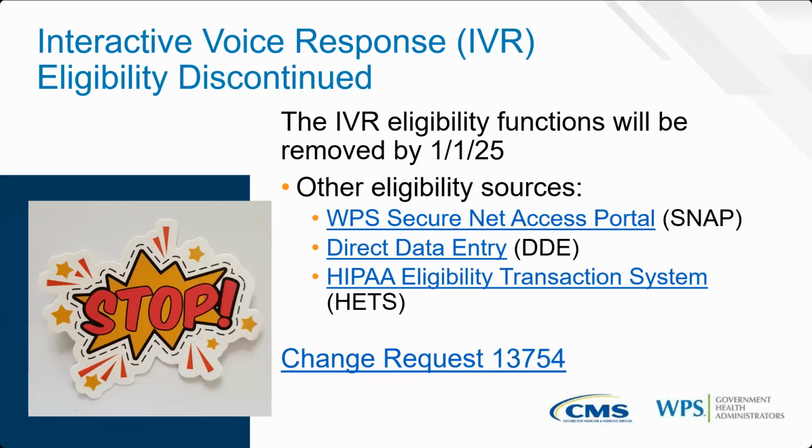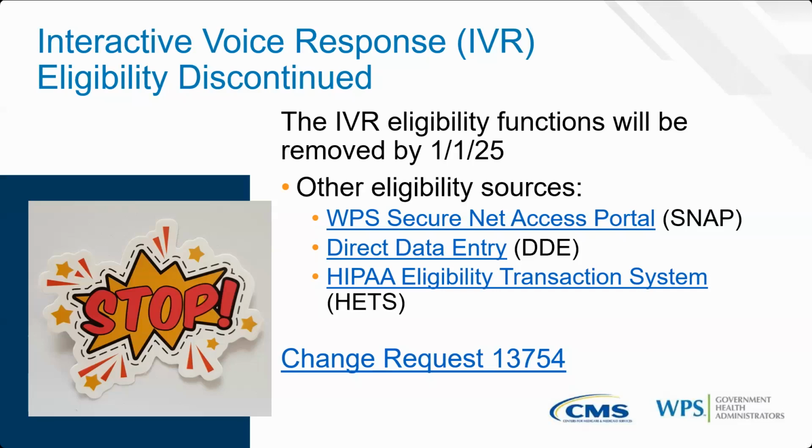This slide also lists the other self-service options that you have to check eligibility. And so the Secure Net Access Portal, or SNAP, which is the new name of the secure side of our website, so the provider portal that you've been using. You can get eligibility in there. Part A providers can use direct data entry.